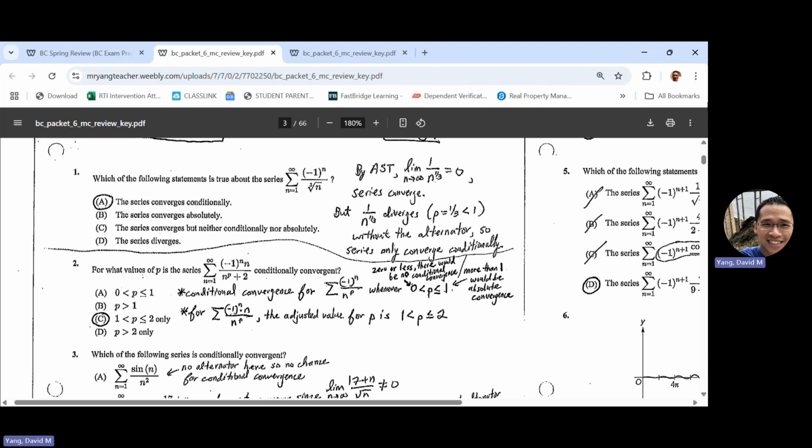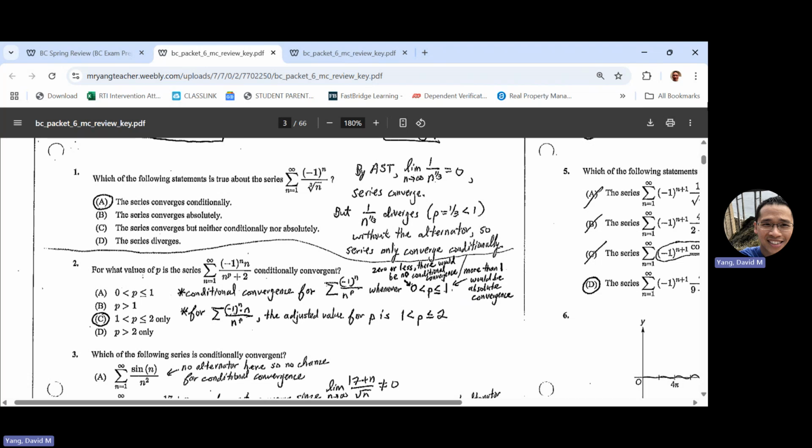In this case, it looks like it's n/n to the p. So in order for me to get this to be conditionally convergent, when these cancel out, I would need to be left with a p-value between 0 and 1. So now my p-value has to be between 1 and 2, because if I were to plug in 1, this would fall under the condition.